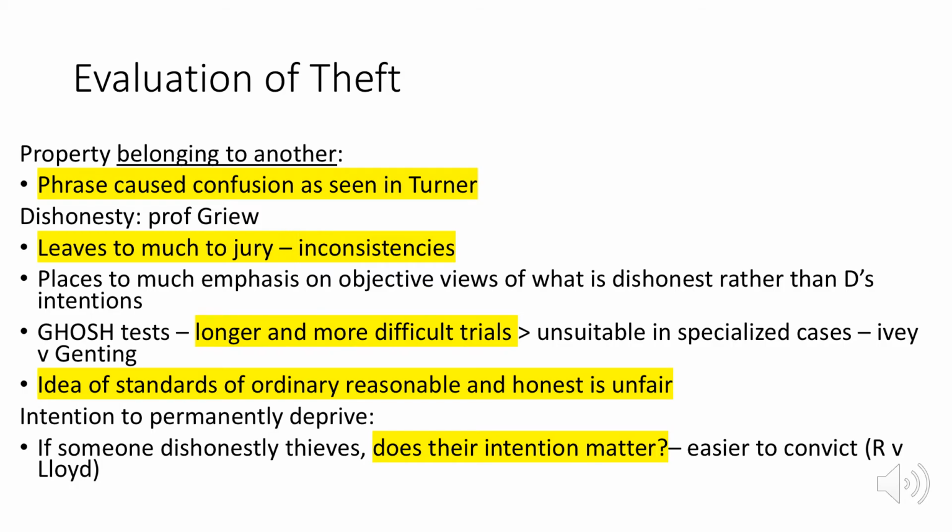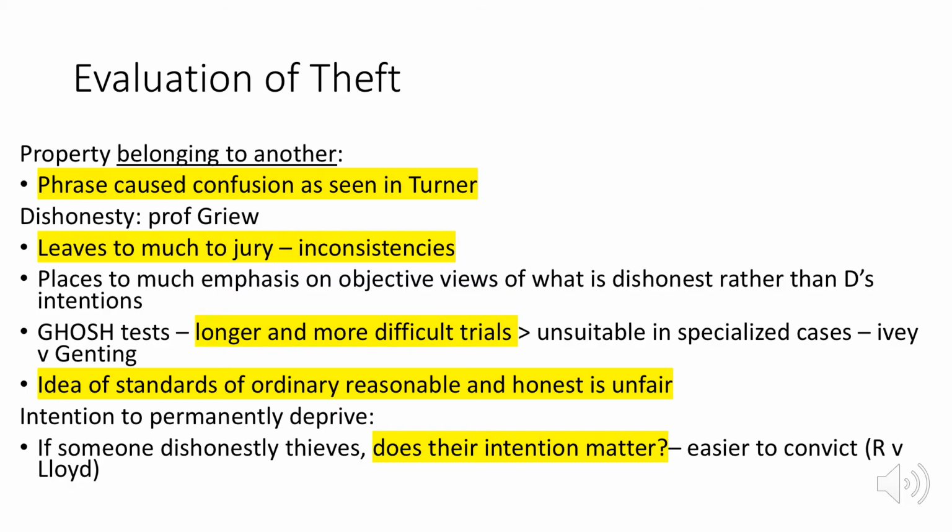In addition, evaluating property belonging to another, the phrase has caused confusion, as seen in Turner. Evaluating dishonesty, Professor Guru says it leaves too much to the jury, which causes inconsistencies. It places too much emphasis on objective views of what is dishonest rather than D's intentions.